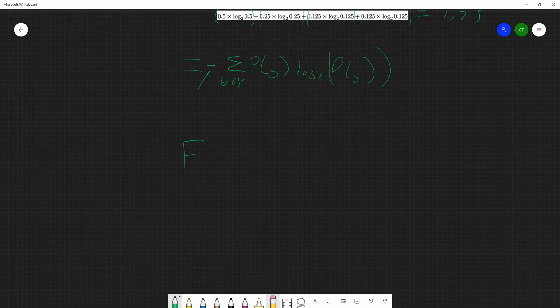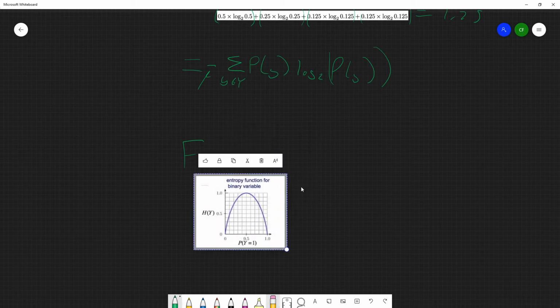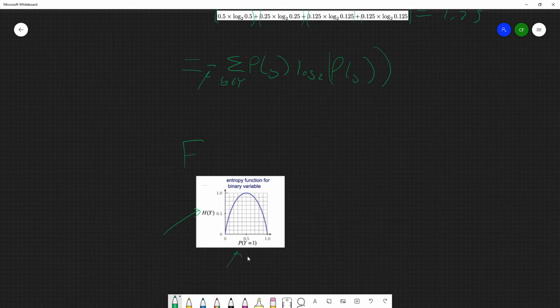If we see the graph here, actually, which I've done wrong. Here, we have an entropy function for some binary random variable which has two outcomes. The entropy is written with an H, so H of Y, which is our prediction, is on the y-axis.